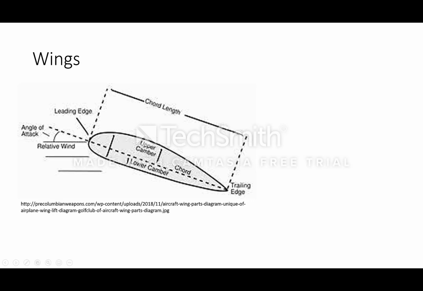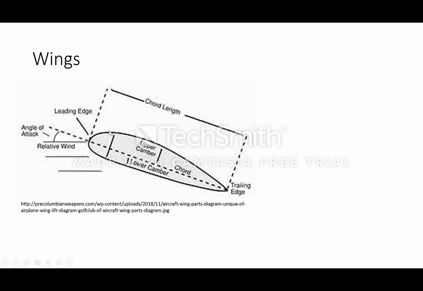The angle at which the wing is attached to the plane and will hit the wind is called the angle of attack. So if the wing were mounted onto the plane more so that this chord line was horizontal, you would have a very low angle of attack. But they actually mount the wings on the plane so they already have an angle of attack.